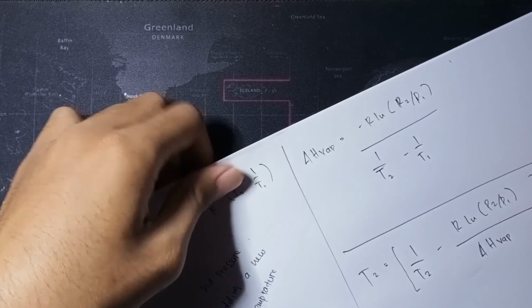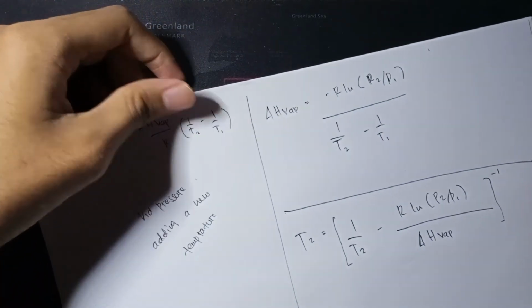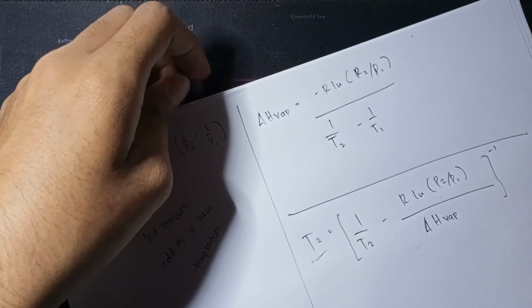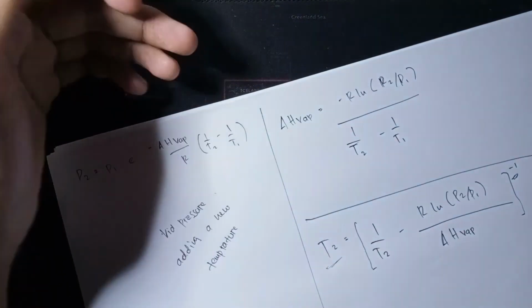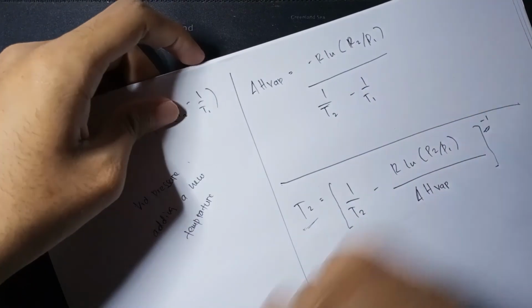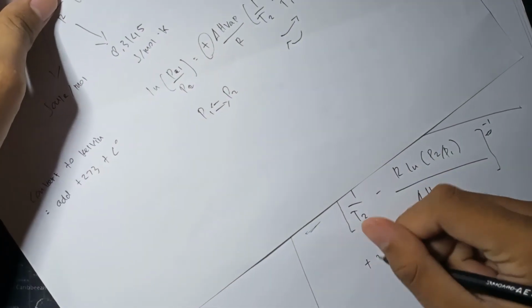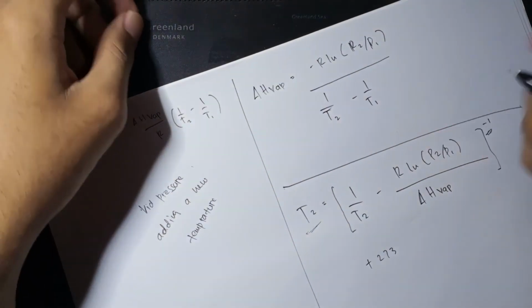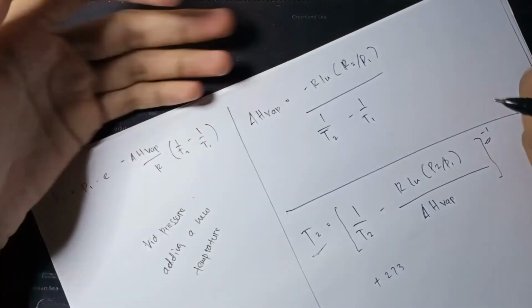All of this is always negative here. And if you want to find the Kelvin, you simply need to add 273 to the Celsius before you go through the equation.